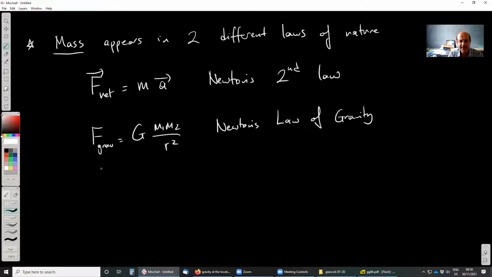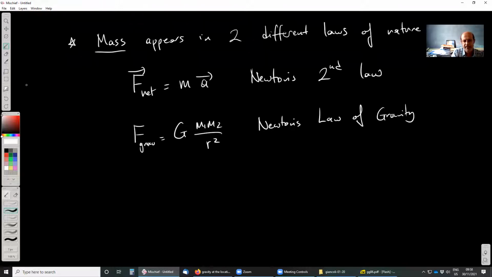So basically in here, mass is a measure of inertia. I have said this before, it basically measures how large an inertia an object has, right?